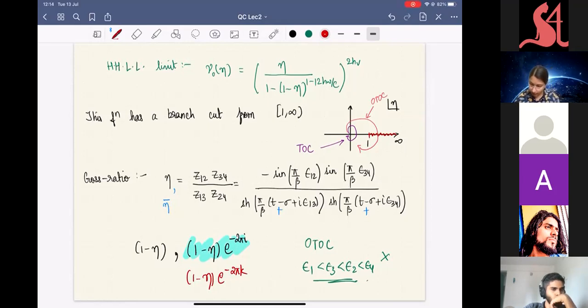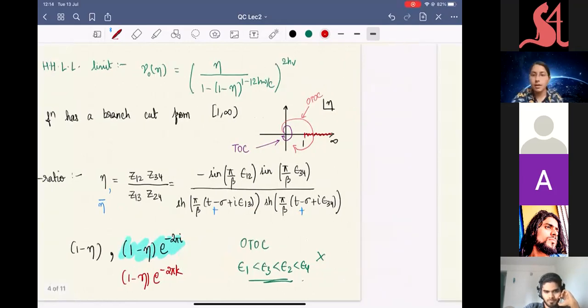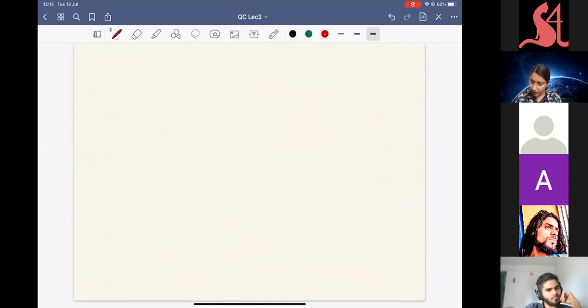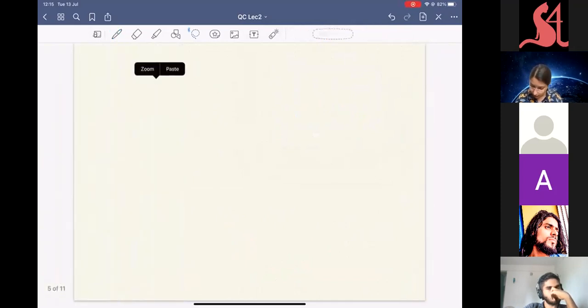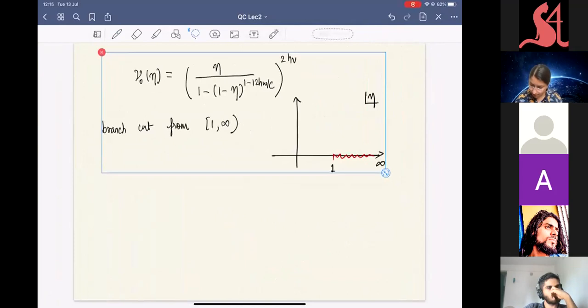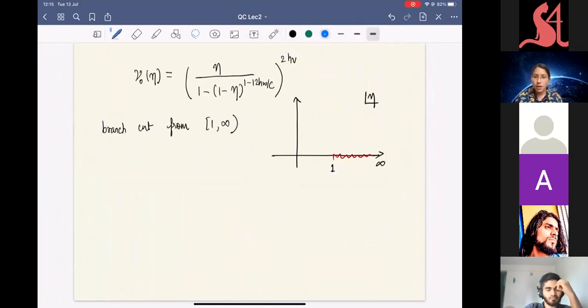Okay. So basically for sigma greater than 0, we're just constraining the x coordinate, the spatial coordinate of the operator locations in the out of time order correlator, to be positive.